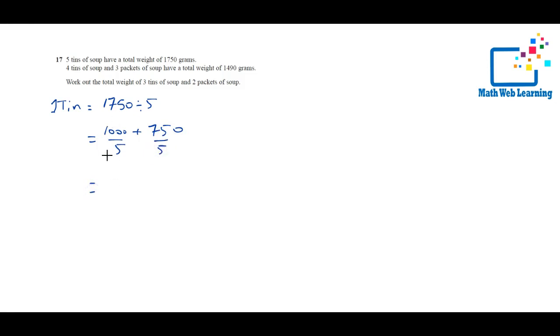This one here is 200 and this one here is 150, because 75 divided by 5 is 15, and then stick the 0 at the end. Then you add them together because you partitioned it. So the answer is 350 grams. It means that 1 tin is 350 grams. Nice.